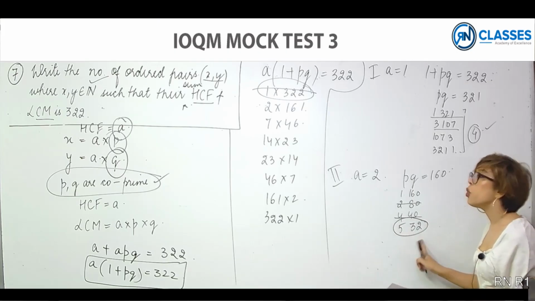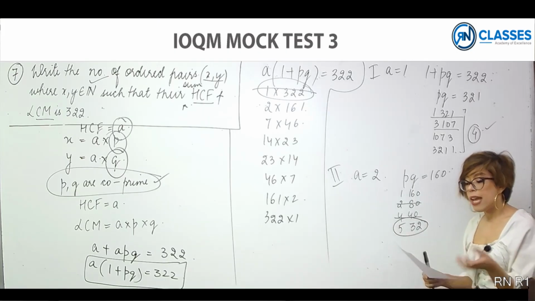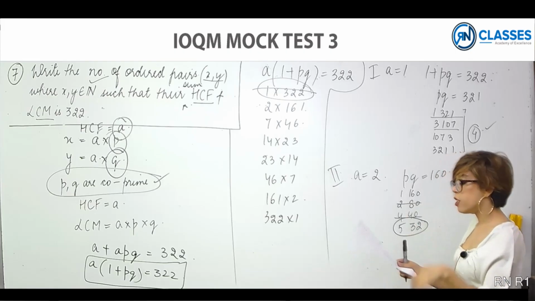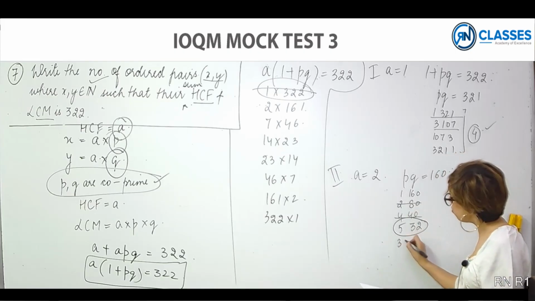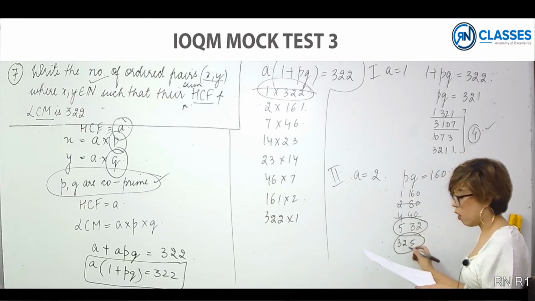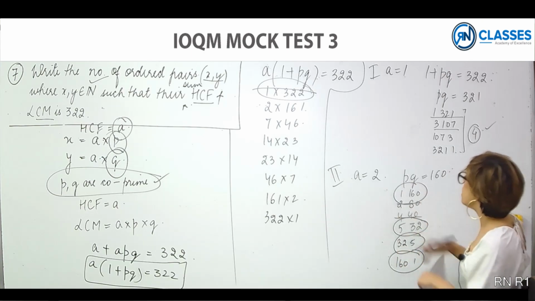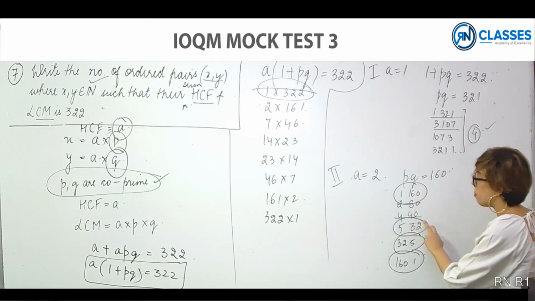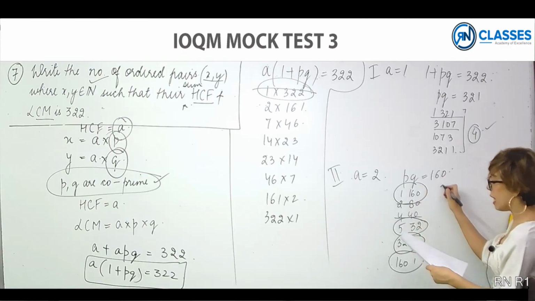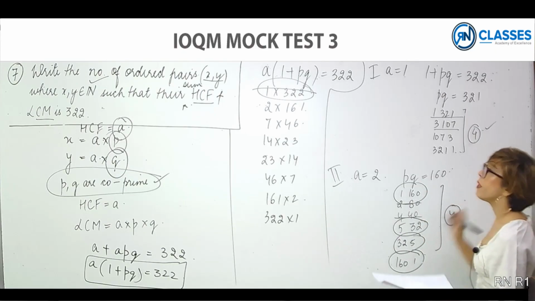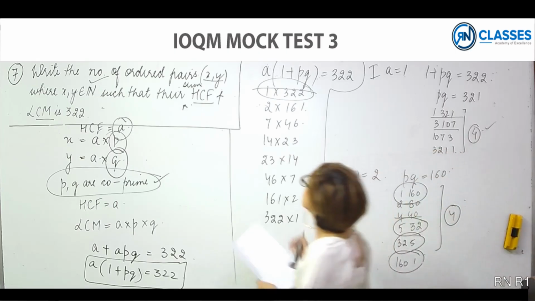Next is 8 into 20. Common prime factor is there. 10, 16, common prime factor, and so on. Next I'll get 32 and 5. Then obviously I'll get 160 and 1. Right? From this I'll get one ordered pair, second ordered pair, third, fourth. So again I'll get 4 more. Right? In similar lines you can exhaust from this one.